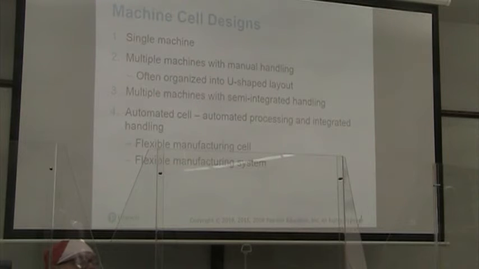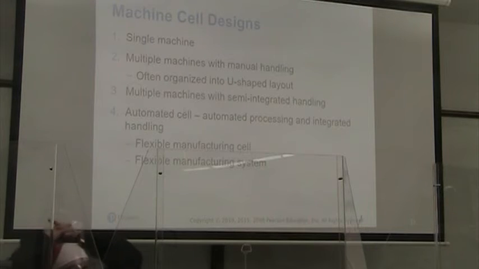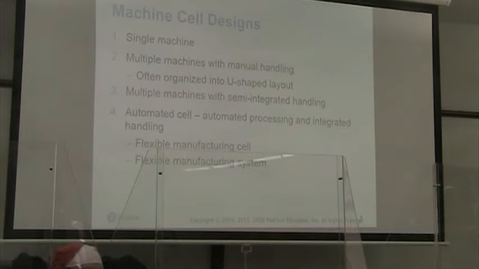All right, so when we're talking about machine cells, you can have a single machine. We could have multiple machines that have manual handling. Usually we organize a cell into a U-shaped layout. We can have multiple machines that have semi-integrated handling.